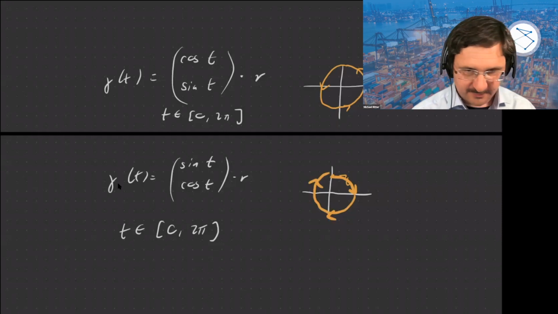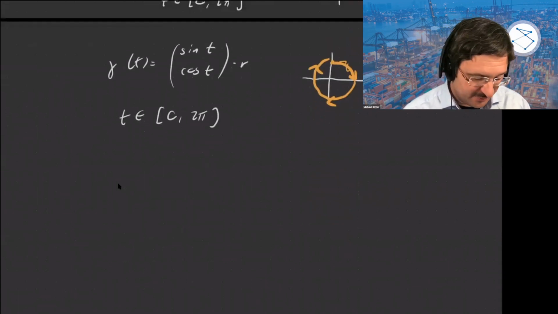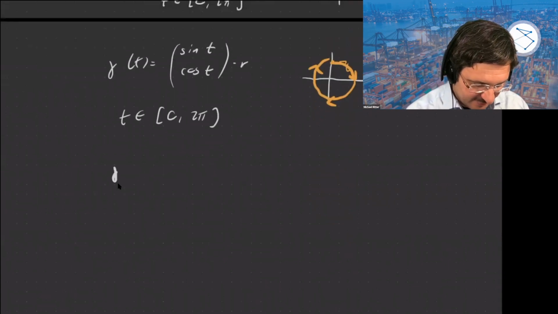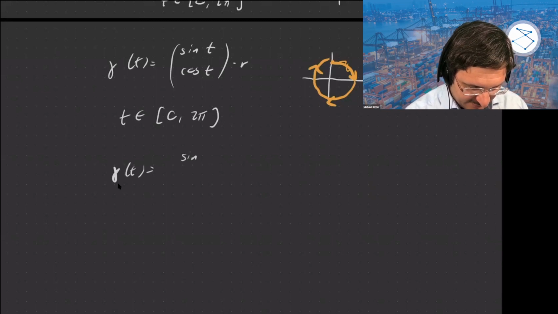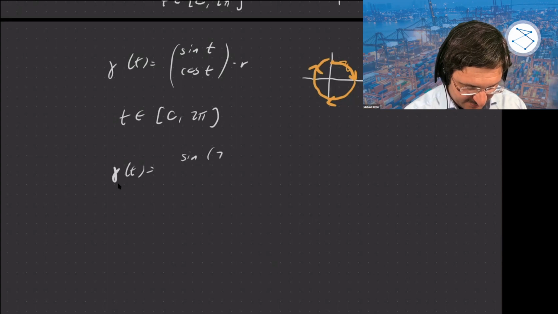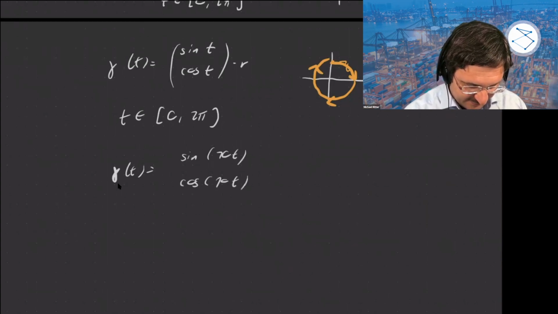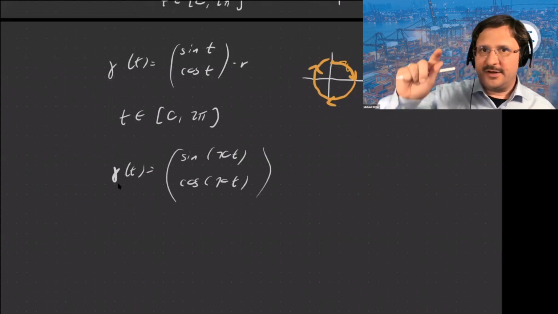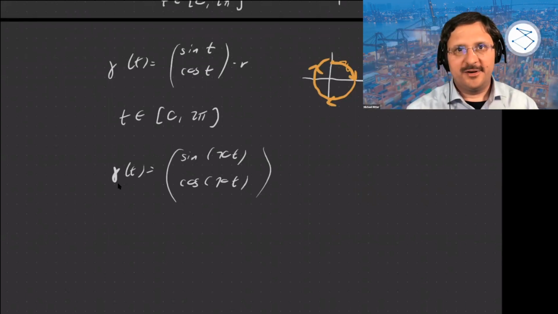And of course, there's loads of other possibilities here. You could also say something like, I want my gamma t to be sine of, let's say, 10t and cosine of 10t. Then basically the rotation will become faster.